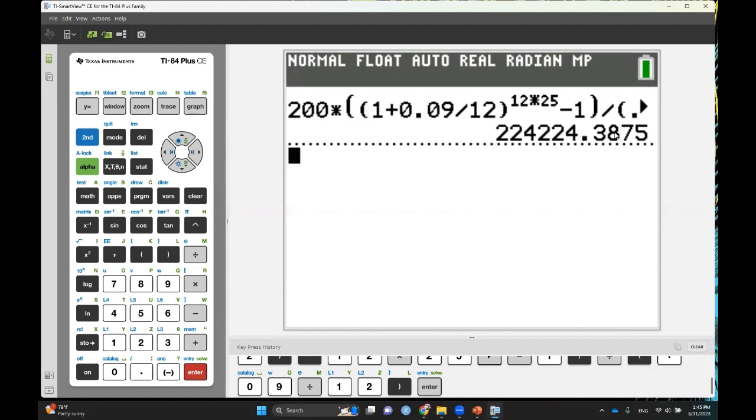So we need to add 1 in this digit. So the answer should be $224.39, not 38 cents. Okay, 39 cents. Okay, and I hope that helps.